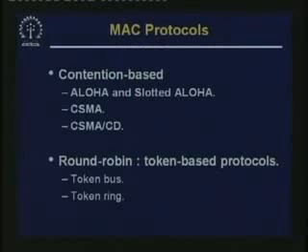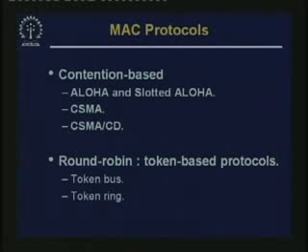Examples of contention based protocols are Aloha and slotted Aloha. These refer to protocols used in satellite communication, so we will discuss these when we talk about satellite communication. We have CSMA, which stands for Carrier Sense Multiple Access, or CSMA CD, which is Carrier Sense Multiple Access with collision detection.